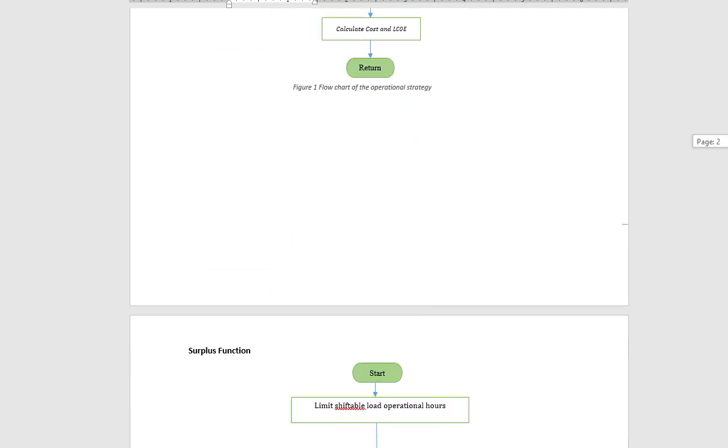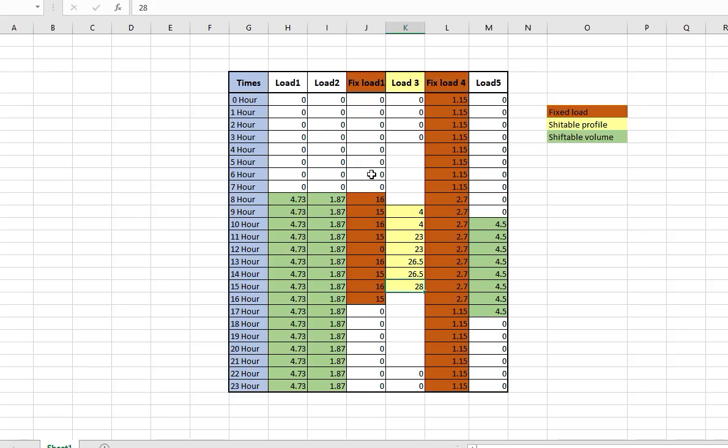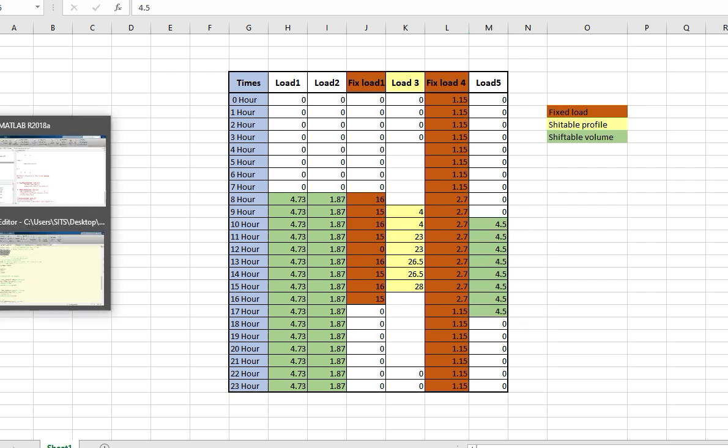So going into detail, the surplus function. First of all we will limit the shiftable load operation hours. What does it mean? It means that if we have load 5 or whatever load, and it should be operated for 8 hours, we should limit its operation to 8 hours.